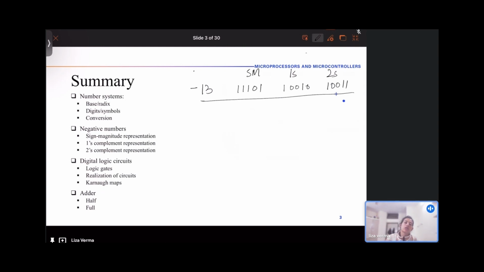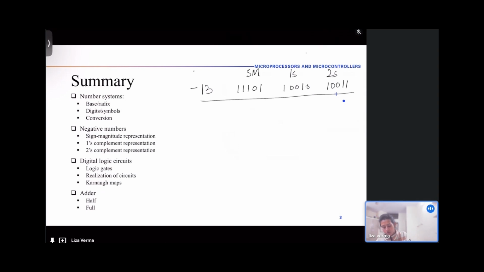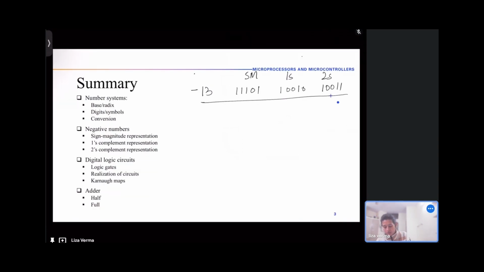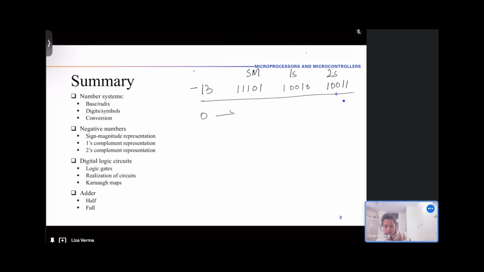Now the question that arises here is, why do we need 2's complement? We need 2's complement because in 1's complement representation we get two representations for 0. Normally how would you represent 0? 0 is 0000. Let's say we are taking 4 bits.